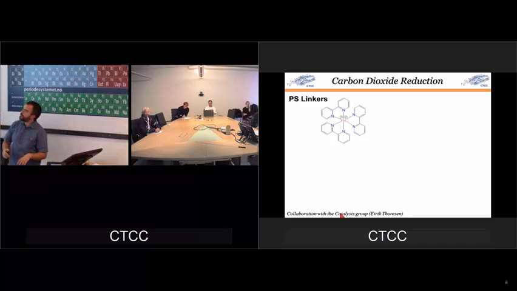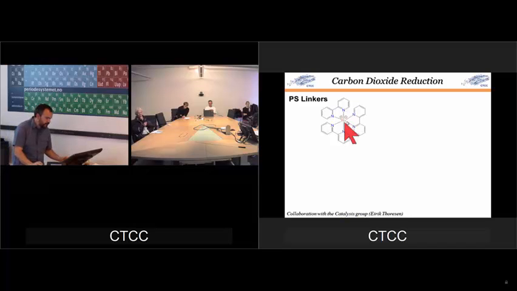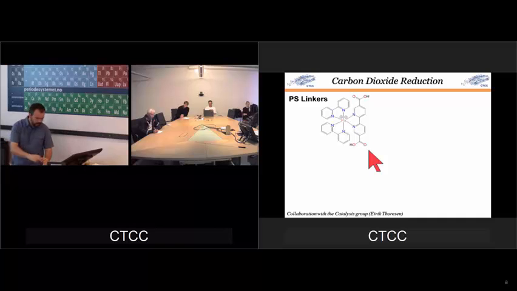So it is this dicationic ruthenium compound with three bipyridine ligands. You introduce these carboxylic groups here, so that you can go to the carboxylate and bind it to the zirconium clusters and then construct a MOF, so that the MOF will be growing in this direction.